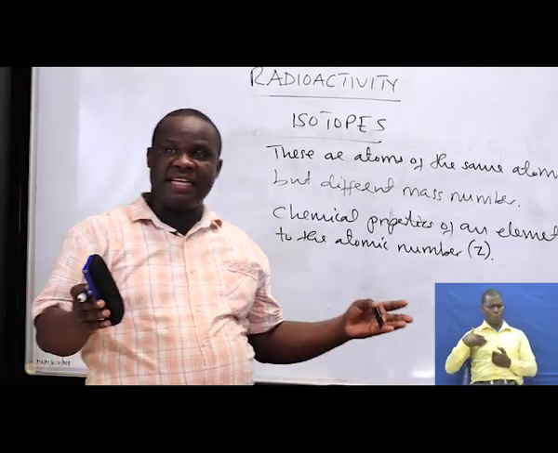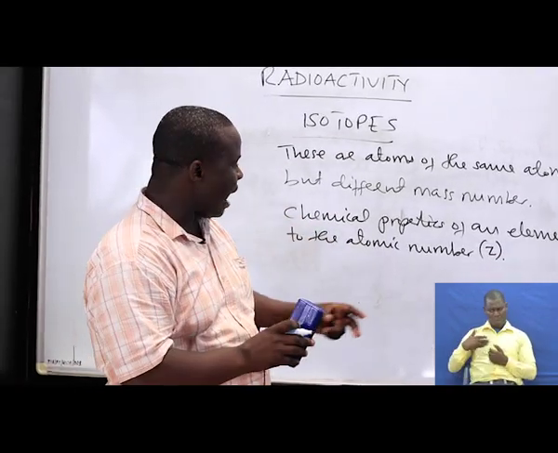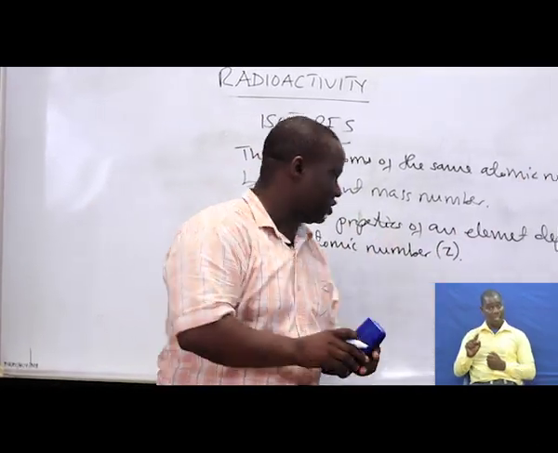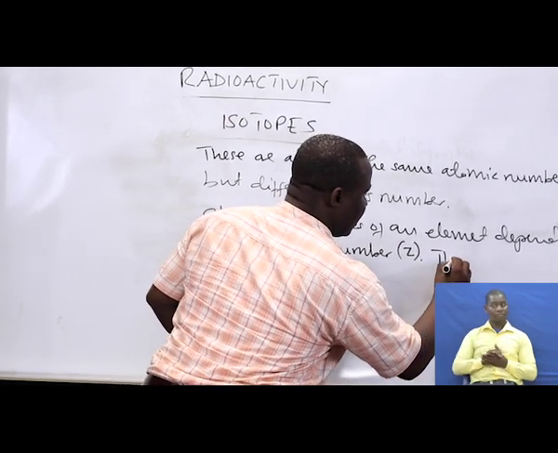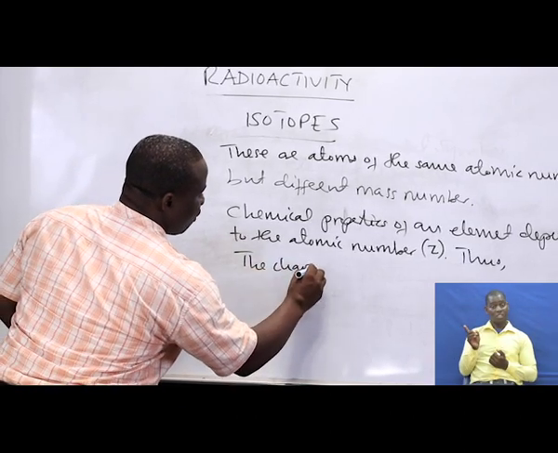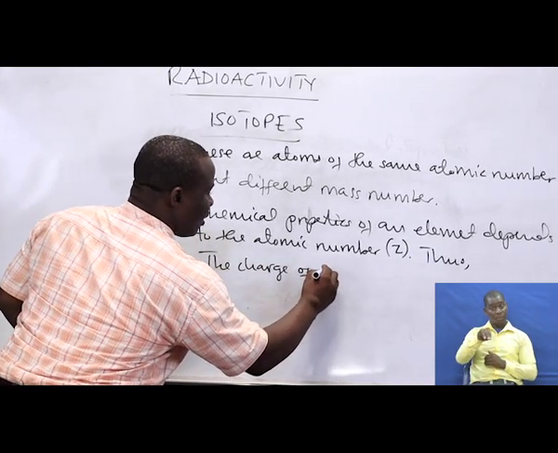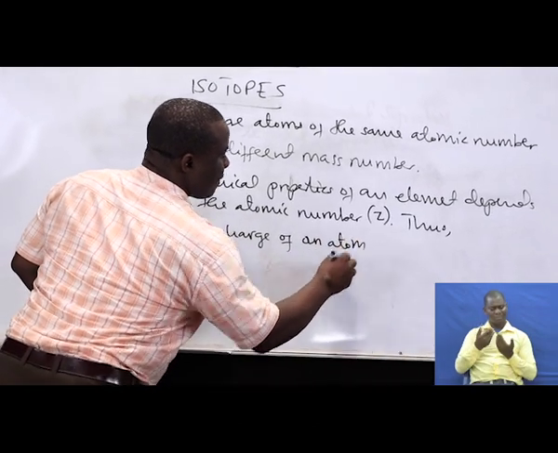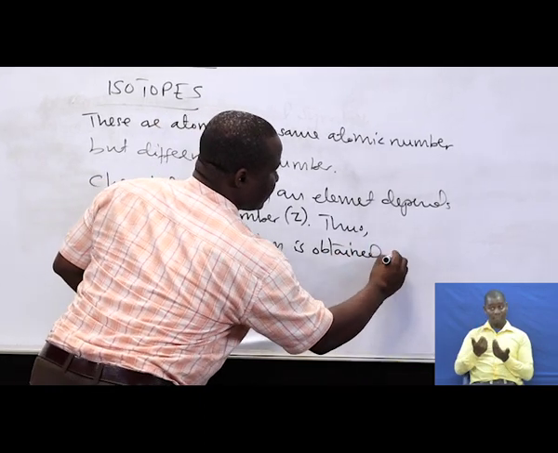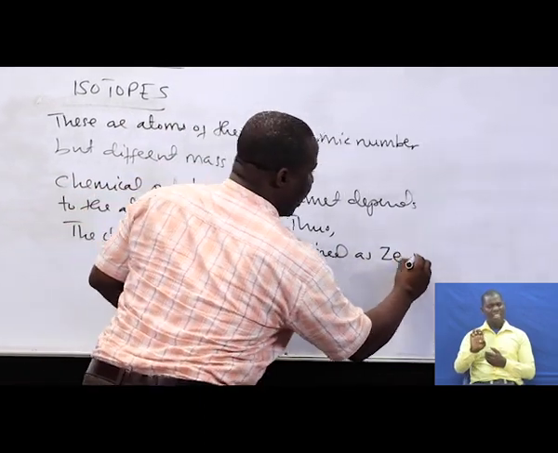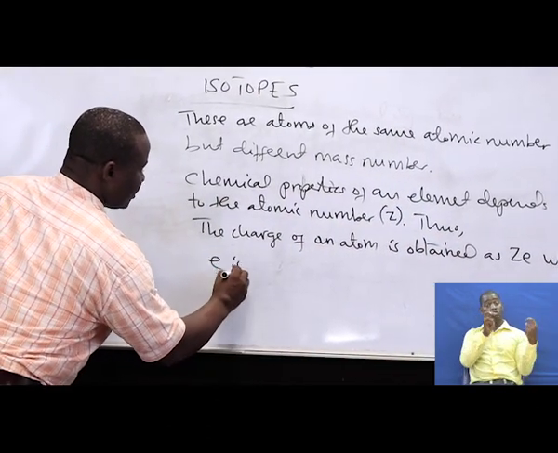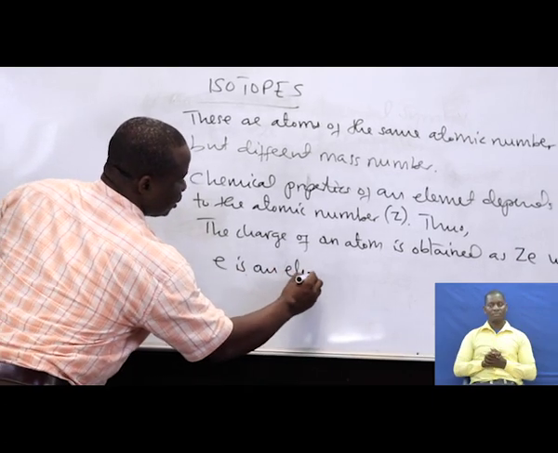Now if you want to find the charge of an atom, you have to take the product of Z and the electronic charge. So we can say that the charge of an atom is obtained as Ze, where e is the electronic charge.